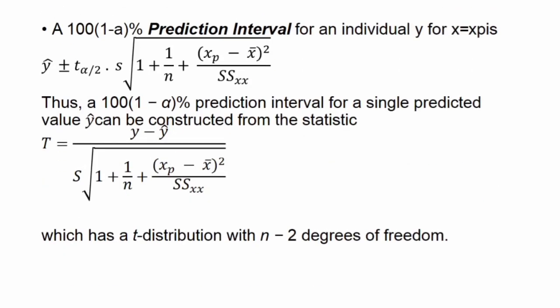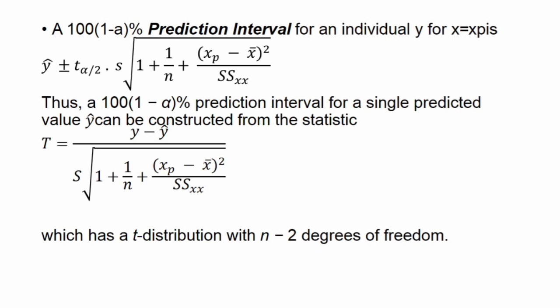Then a 100 times 1 minus alpha percent prediction interval for an individual y for x equals xp is y hat plus minus t alpha over 2 times s times square root of 1 plus 1 over n plus xp minus x bar squared over SSxx.